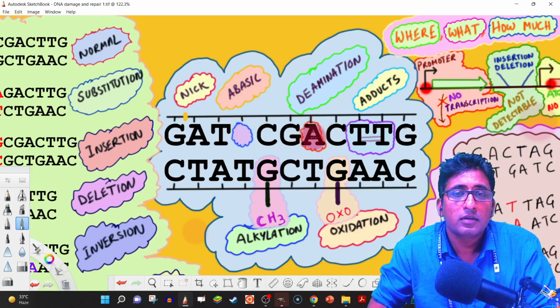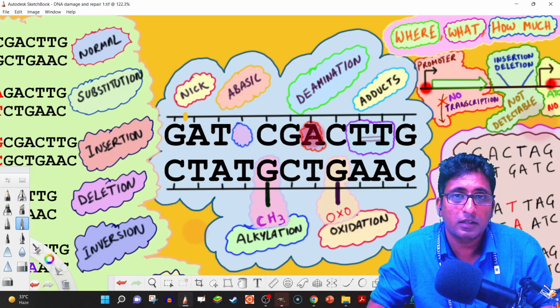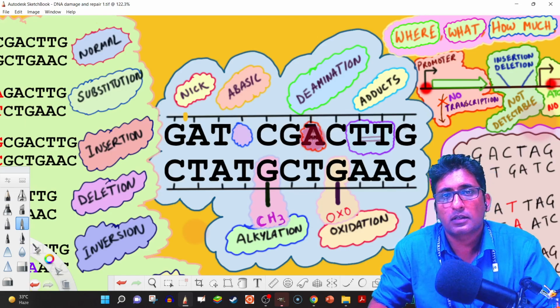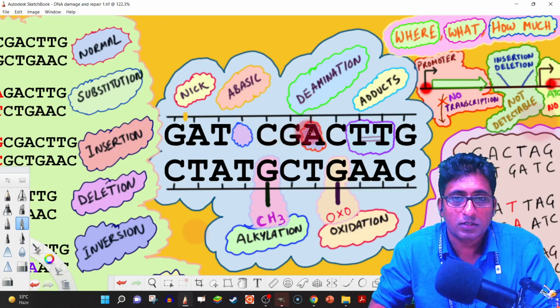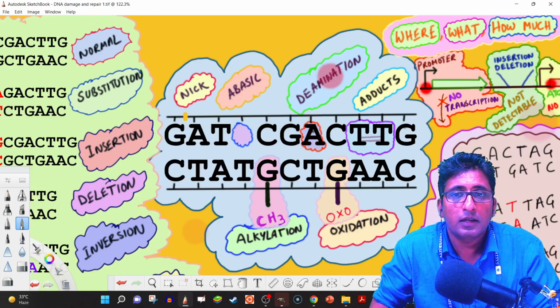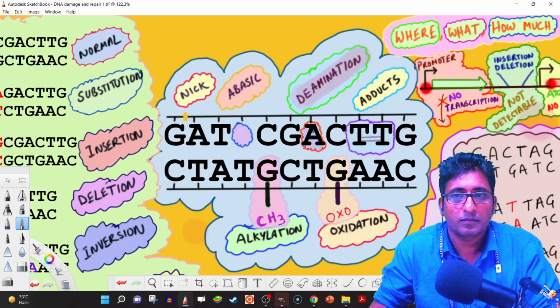We can have functional groups removed. Say, for example, N6, the amino group on the 6th carbon, could be deaminated, removed, lost, and then it's just purine there. Those kinds of damages are called deamination.